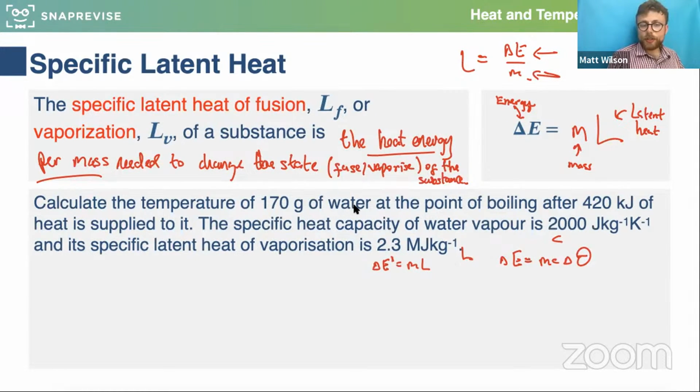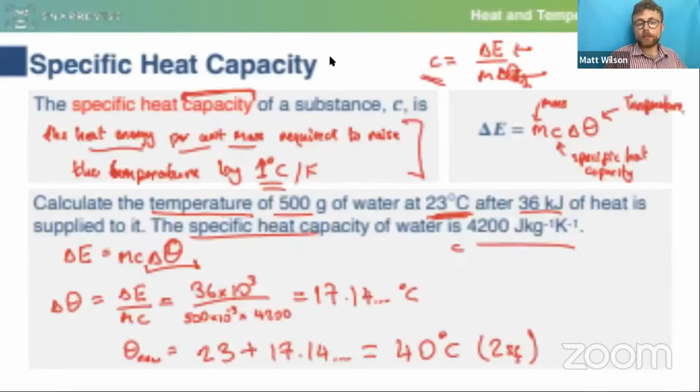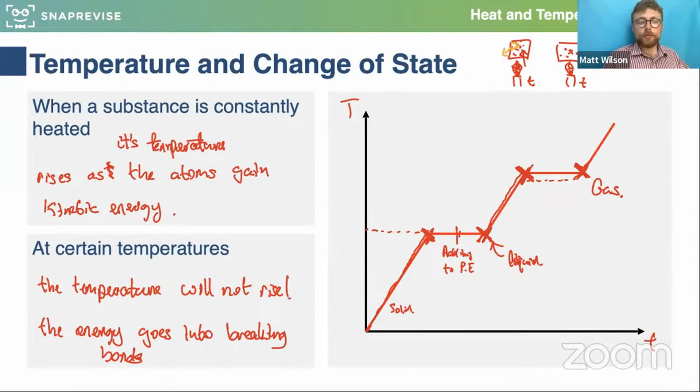So, okay, with that in mind, let's take a look at this question again. Calculate the temperature of our water at the point of boiling. This is really cryptic, but actually quite important. If the examiner tells you something's at the point of boiling, that means if we go back to our graph, we are at this point here.